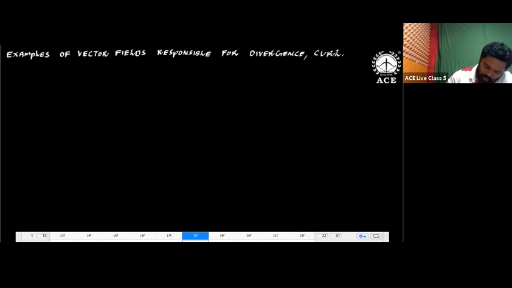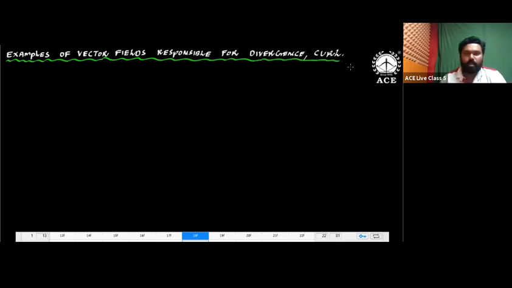Divergence, curl. Clear? Yes. Now I'm going to take those 4 examples parallelly so that you can compare them and make some very interesting observations.